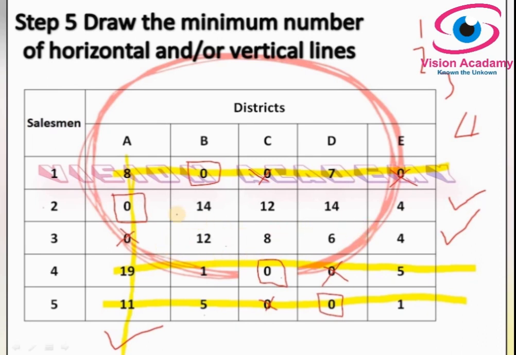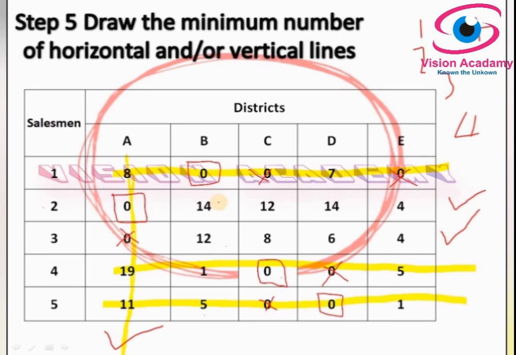Okay, then this is uncovered area: 14, 12, 14, 4. This 4 is the smallest in this uncovered area, and here 12, 8, 6, 4. Okay, 4 is the least value in the uncovered areas. So this 4 is the smallest element and is not covered by any lines.